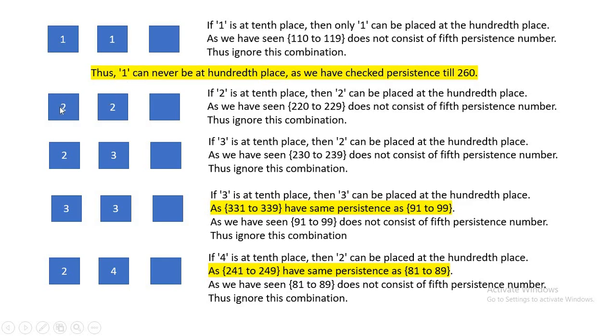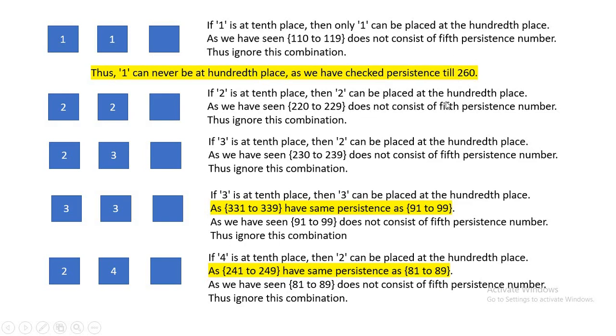So now keeping 2 at the 100th place and 2 at the 10th place also, this is ranging from 220 to 229, and we have calculated till 260.